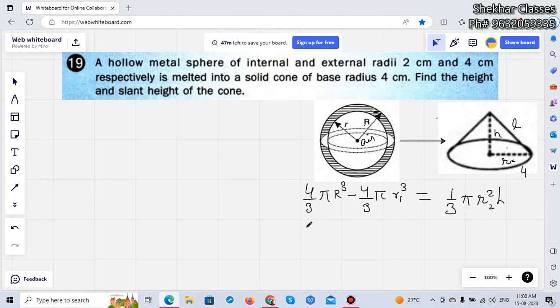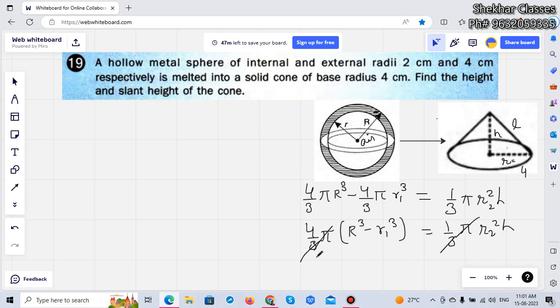Now we can take common in it. What is that? 4 upon 3 is common, pi is common. It will give you R cube minus small r cube. And here it will be 1 upon 3 pi r2 square h. 3 got cancelled, pi got cancelled.